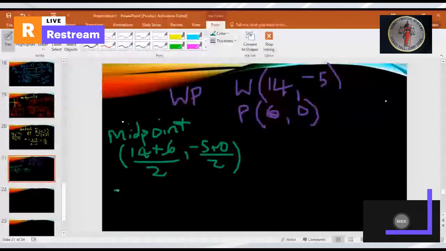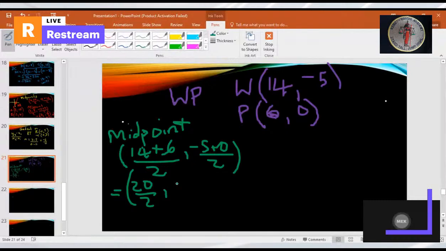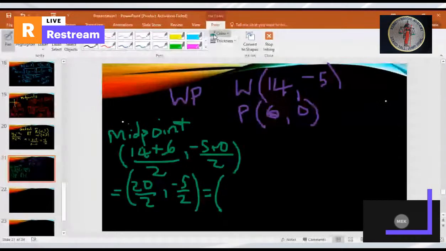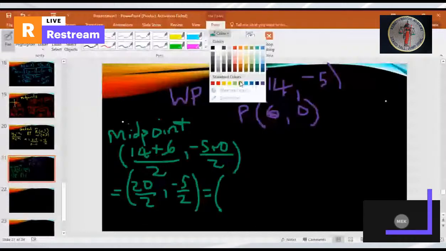So 14 plus 6 is 20, and we're going to divide that by 2. Negative 5 plus 0 is negative 5, and divide that by 2. So the final answer would be 10, negative 2.5. All right, so all those who had that, you are correct.